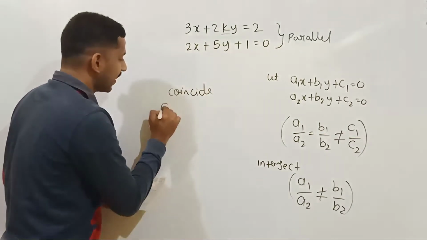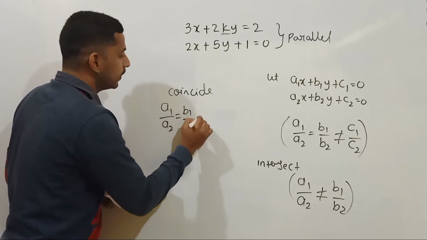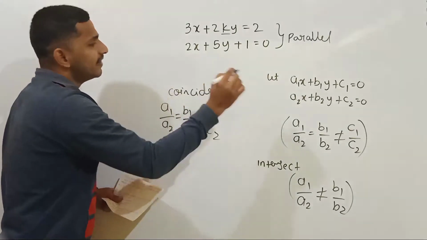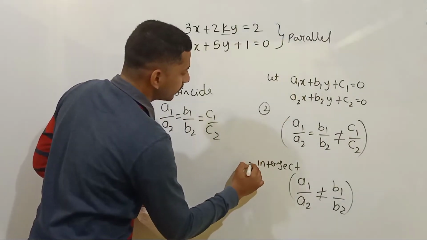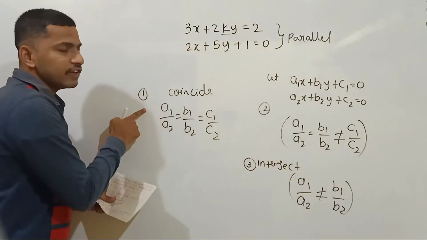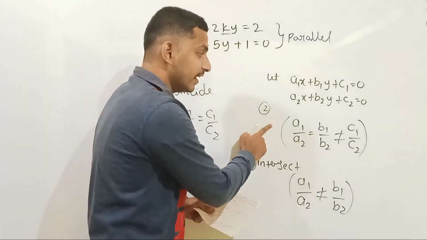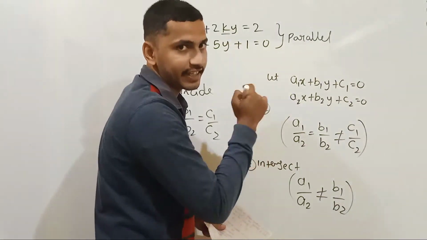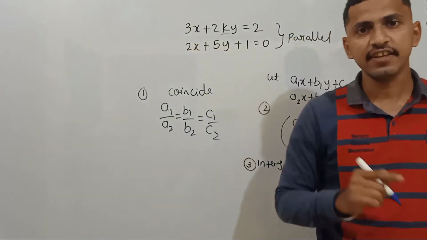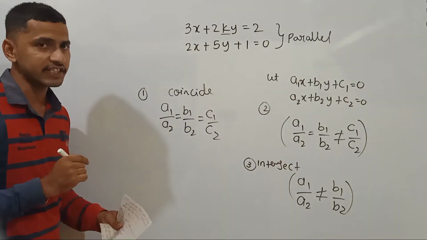When two lines coincide, a1 by a2 is equal to b1 by b2 is equal to c1 by c2. These are the three conditions: the first when two lines coincide, the second when two lines are parallel, and the third when two lines intersect. You should know all the three conditions. Please note down these three conditions.